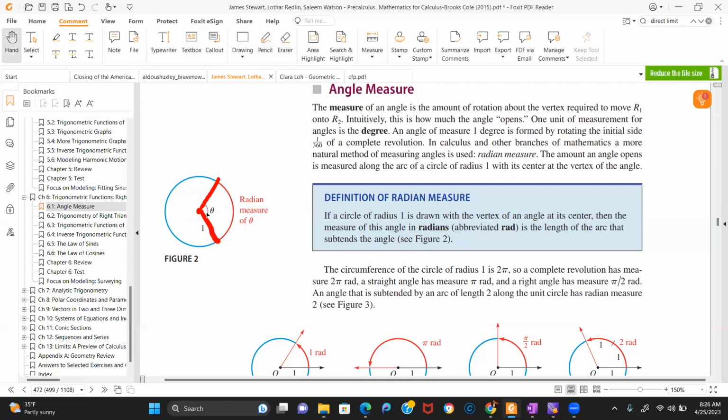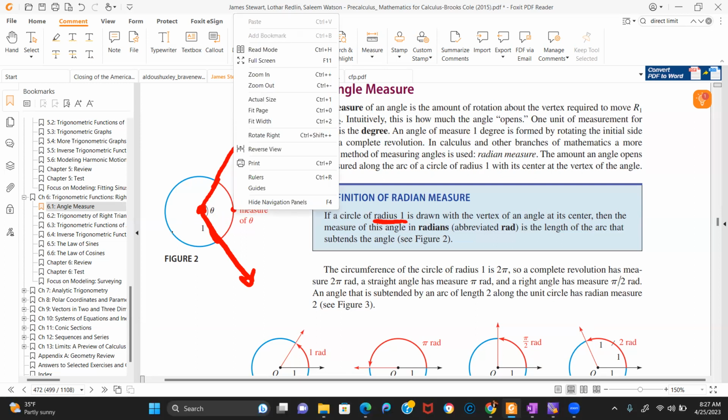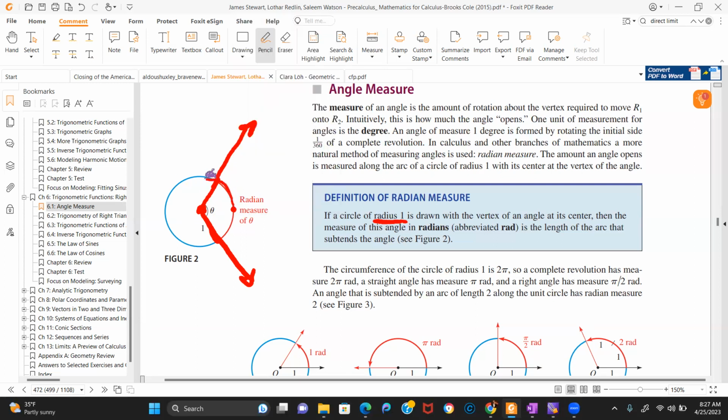And so the idea is, you start with this angle right here, and then, remember, rays go off to infinity, right? But if you have a protractor, the definition doesn't reference a protractor, but if you had a protractor, you could set the protractor to have radius 1, and then you put one of the, I guess it's a foot of a protractor, the one pointy end at the vertex and the other pointy end, say here, so that it's at a radius of 1, and then you just spin the protractor around.